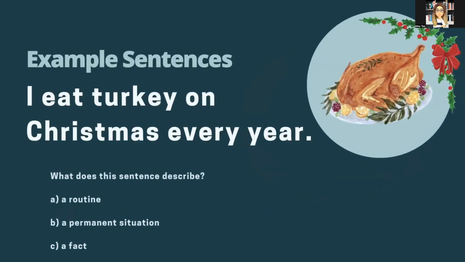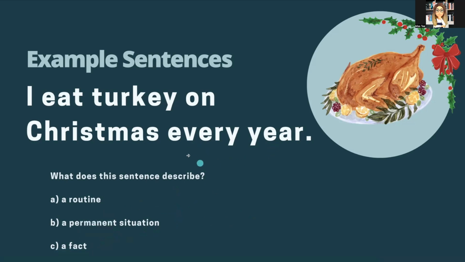Here's another example sentence. I eat turkey on Christmas every year. So what does this sentence describe? A routine, a permanent situation, or a fact? What do we think? Permanent situation, a fact, a routine.